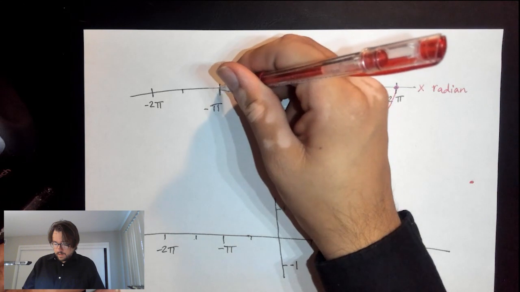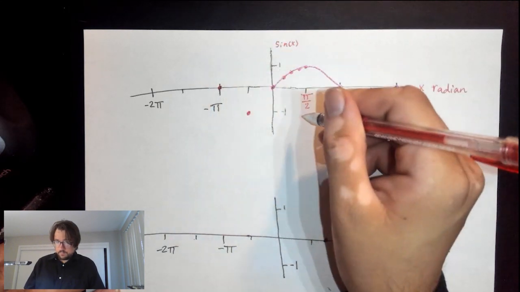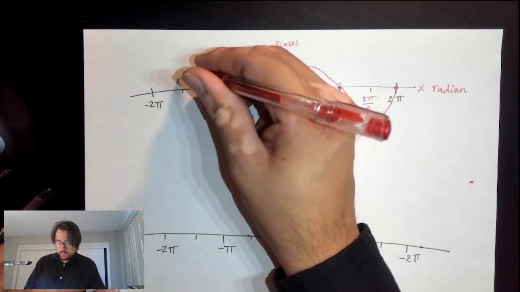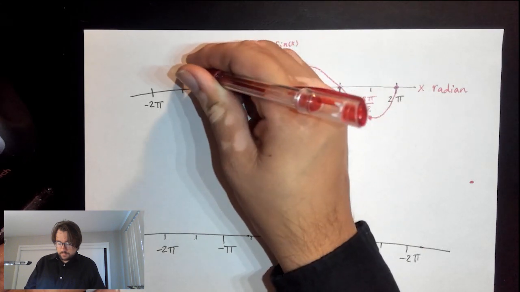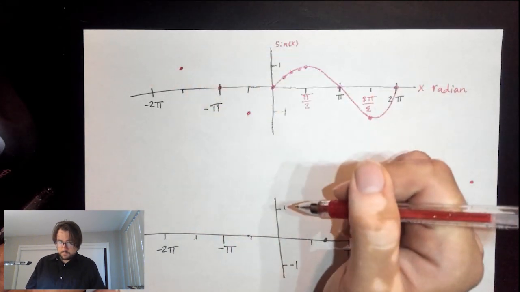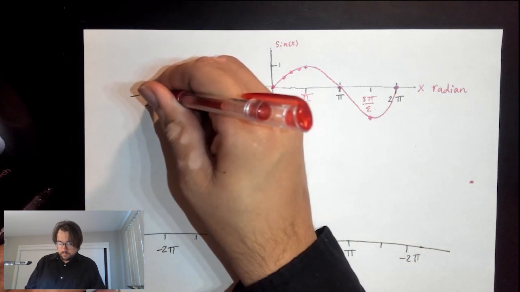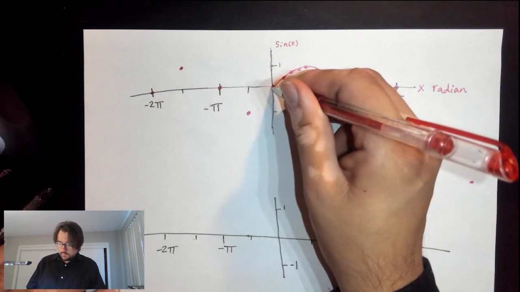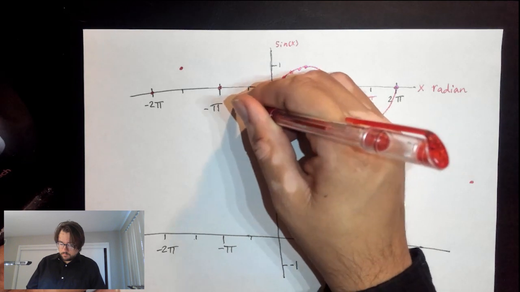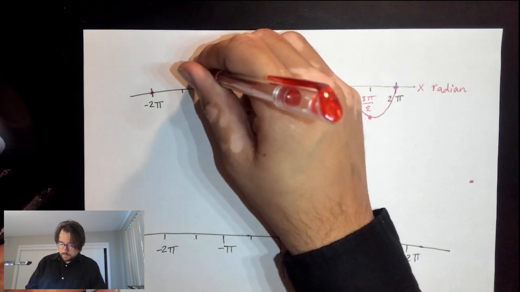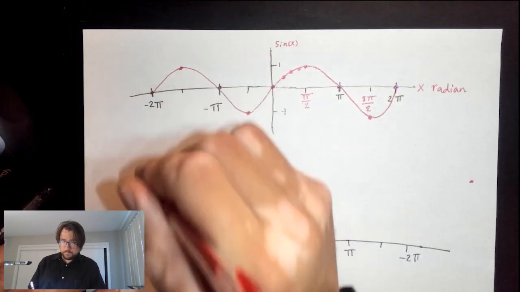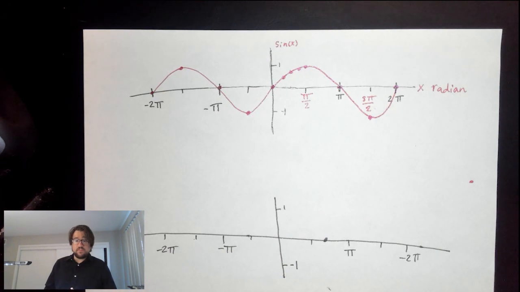At negative pi, it would be 0. At negative 3 pi over 2 would be +1. And at negative 2 pi, it would be back to being 0. So this is the graph we get. That is my graph of sine of x.